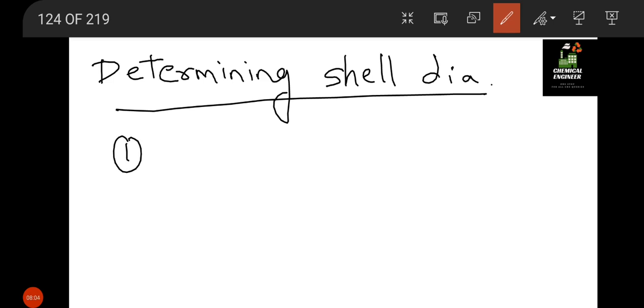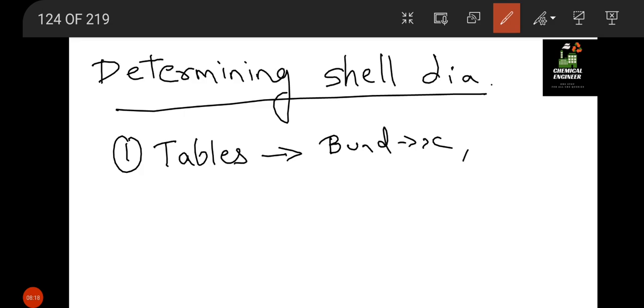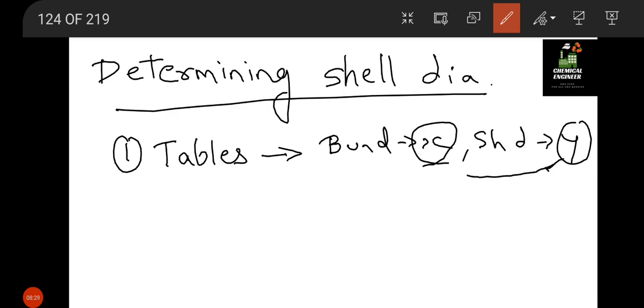The first way is to use standard tables. This table will show you that if you have a bundle diameter equal to X, then your shell diameter should be Y. If you give the X value, they will give you the Y value directly, or they have some connection.